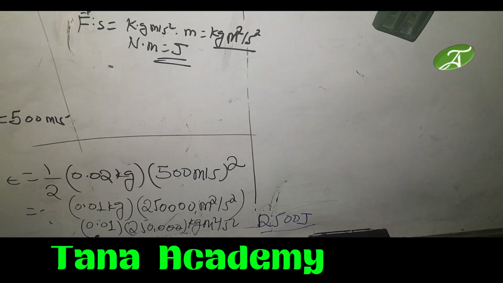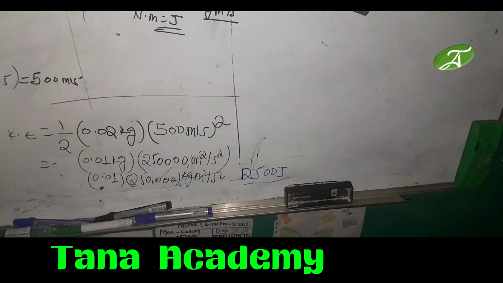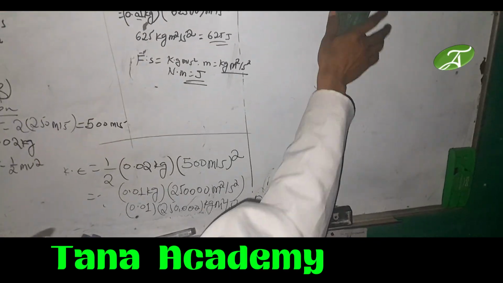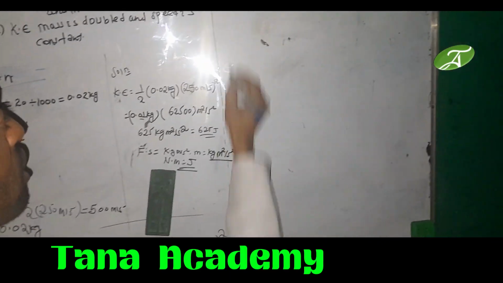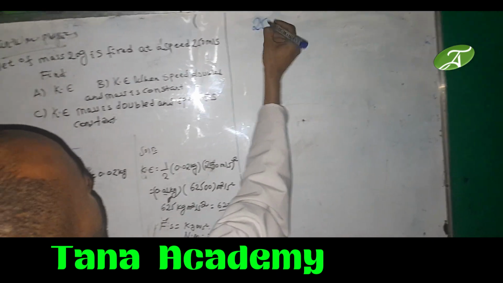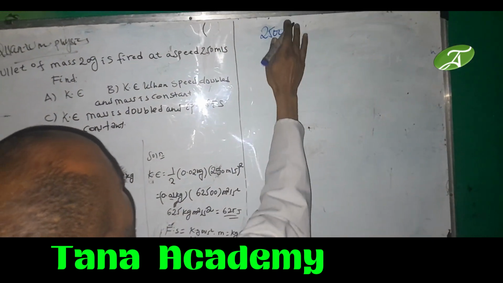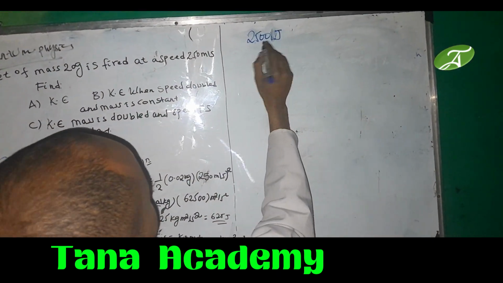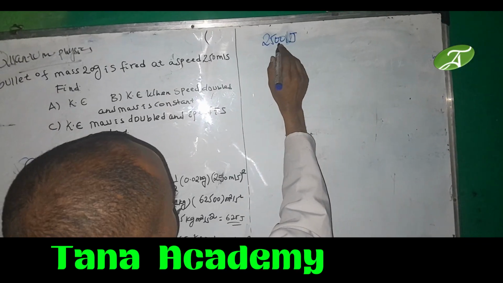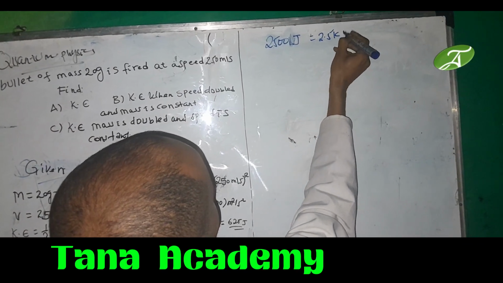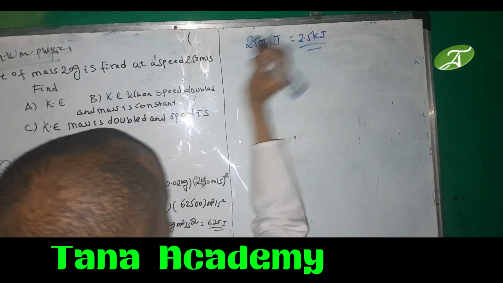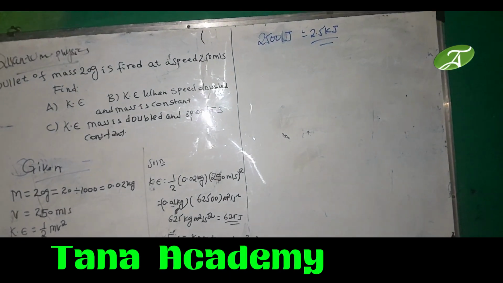That means 2500 joule. Okay, and the final answer is 2500 joule. We can convert it to kilojoule, and it means 2.5 kilojoule when divided by 1000, because kilo means 1000.